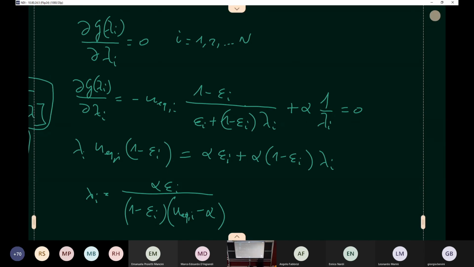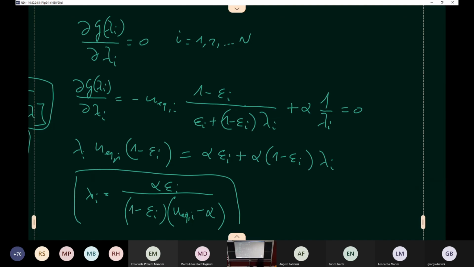Okay. So we have found our expression for the different payload ratios, which will depend on the Lagrangian parameter alpha. And so we still have to know what alpha is. We can obtain this value of alpha from the side condition.